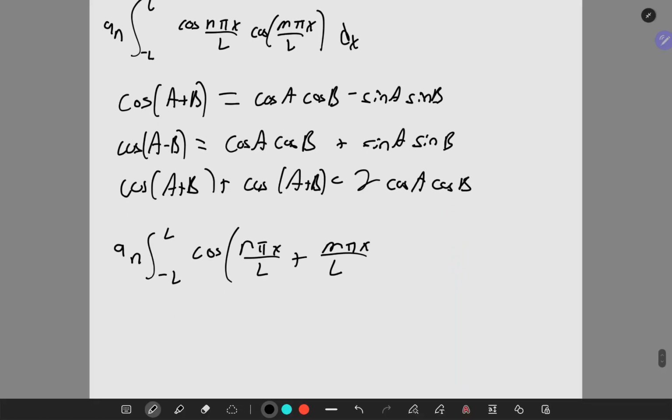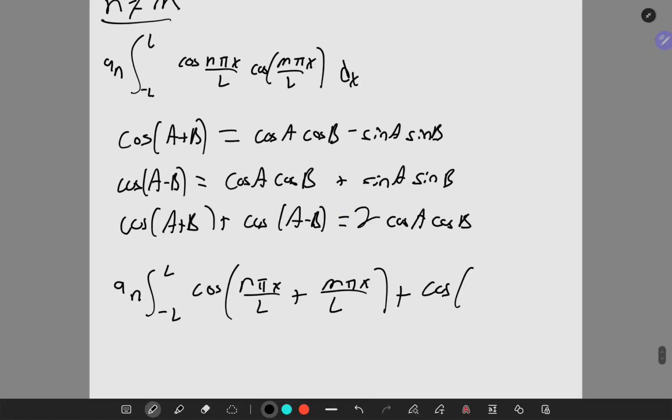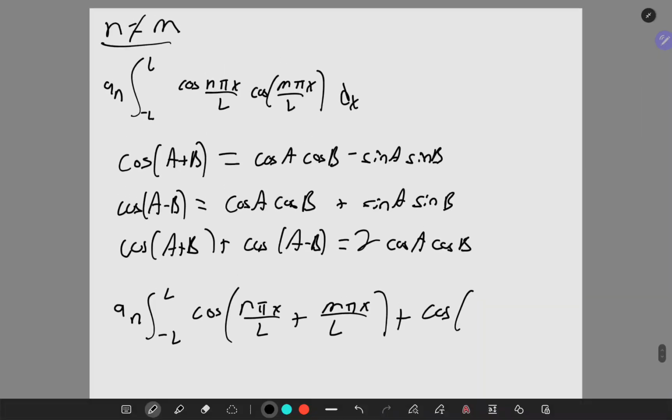You can add them together, so that's plus the same exact thing, cosine of a minus b. Oh, that's supposed to be minus. My bad, I had a little sign error there.